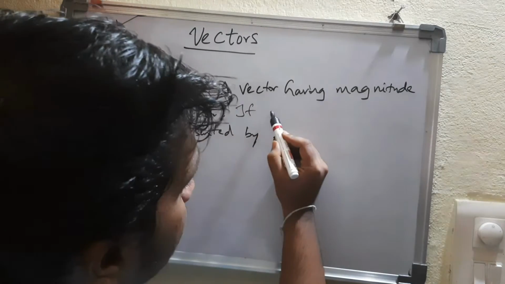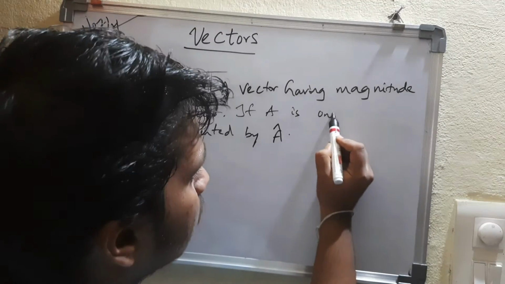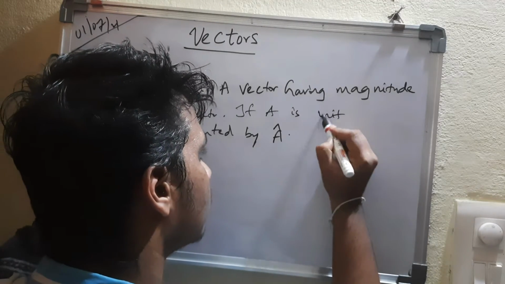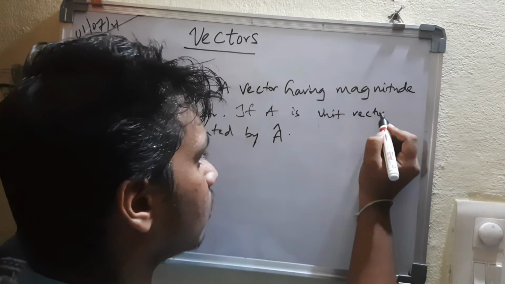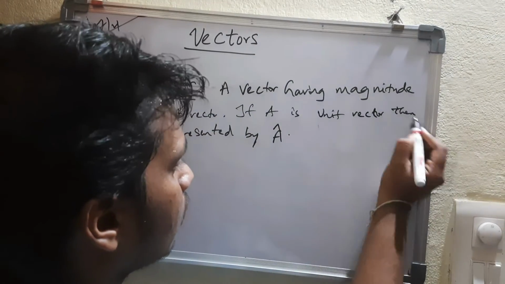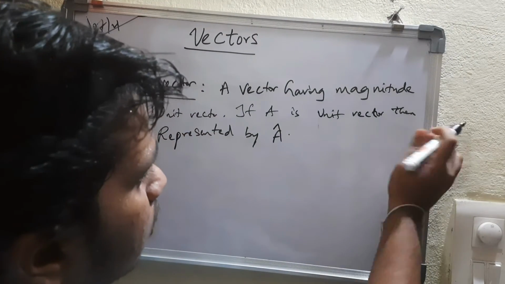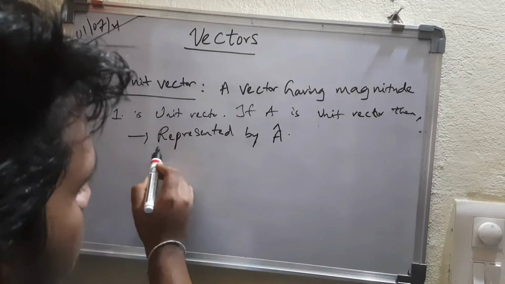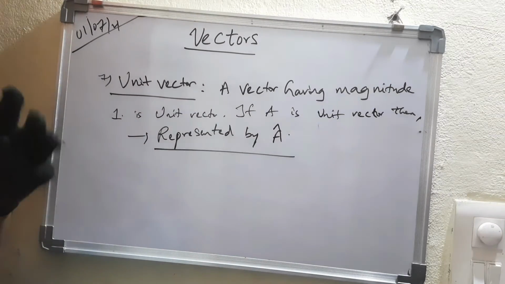If a is a unit vector, then it is represented by a cap. I forgot to write this point. Okay.